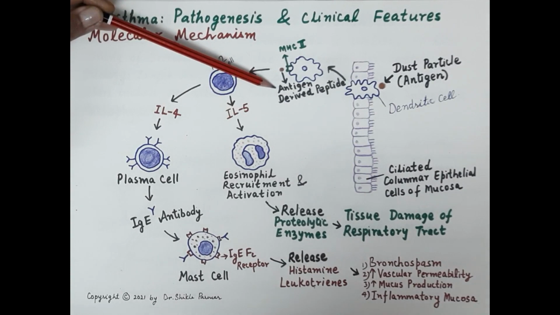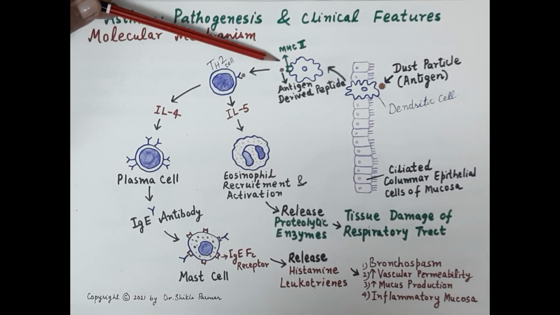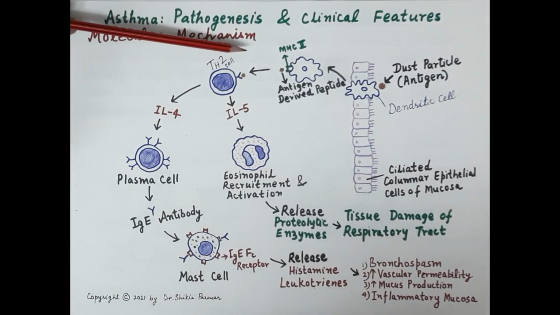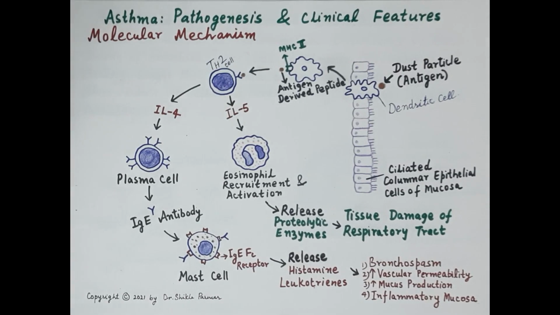Now, these antigen derived peptides, shown in the brown color, are loaded on the major histocompatibility complex 2, shown here in the green color. These molecules are then expressed on the surface of the dendritic cells. These antigen derived peptides loaded on the major histocompatibility complex 2 are then recognized by the CD4 positive type 2 helper T cells.